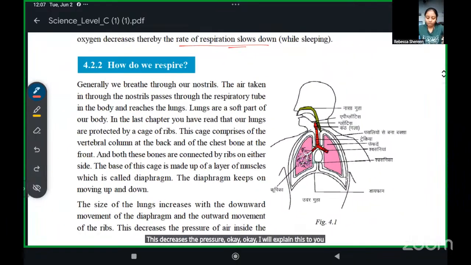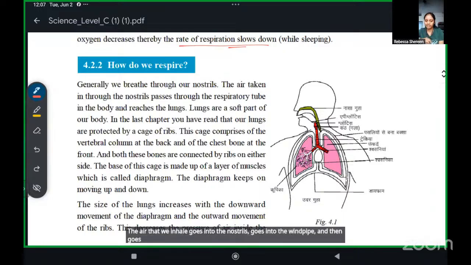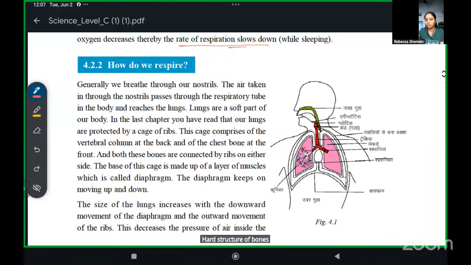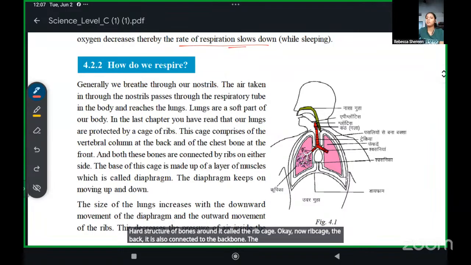First, we know that the air that we inhale goes in through the nostrils, through the windpipe, and then to the lungs. The lungs are a very soft organ. To protect the lungs and the heart, we have a hard structure of bones around them called the rib cage. The rib cage at the back is also connected to the backbone, called the vertebral column, which we studied previously.